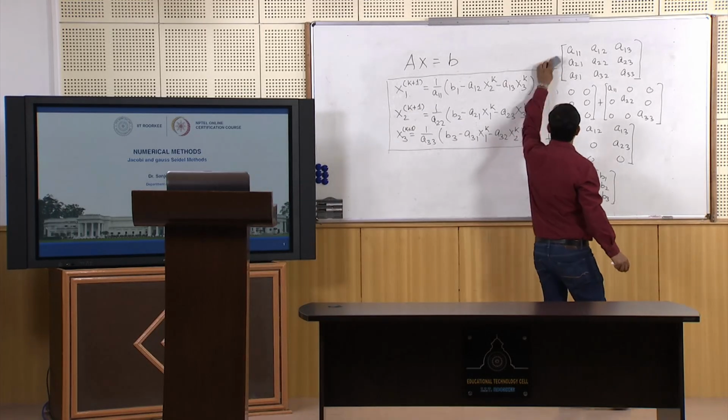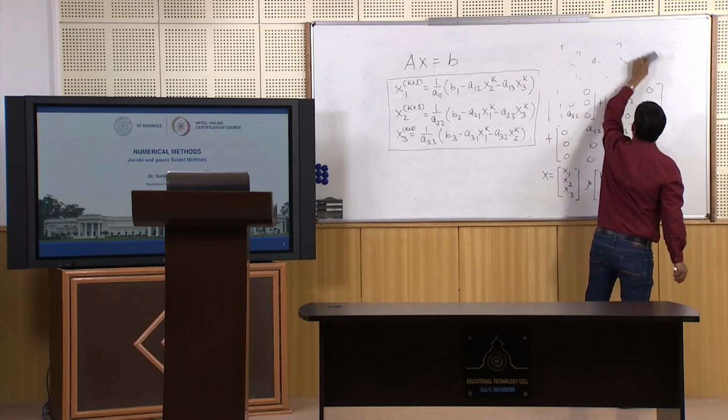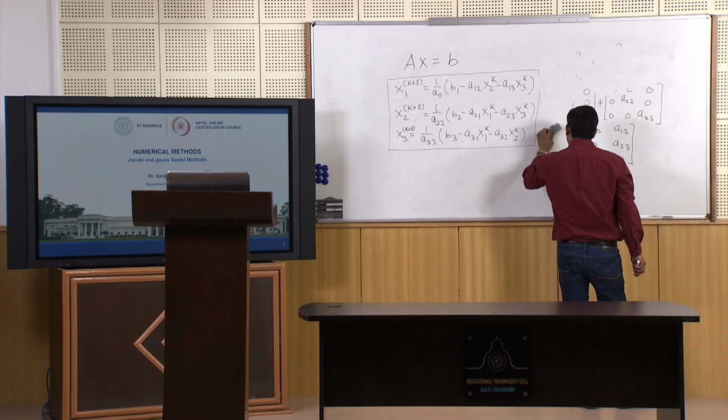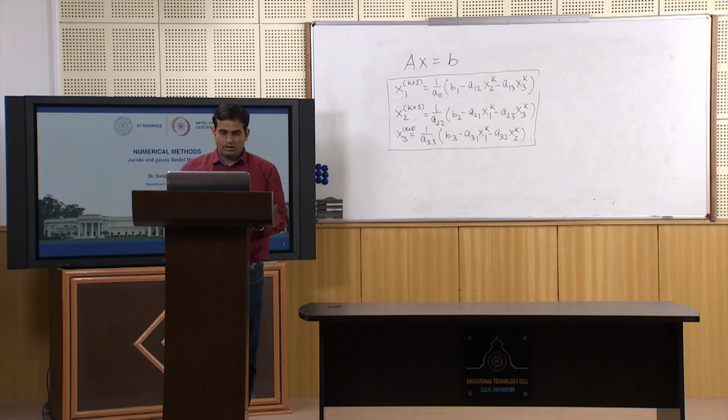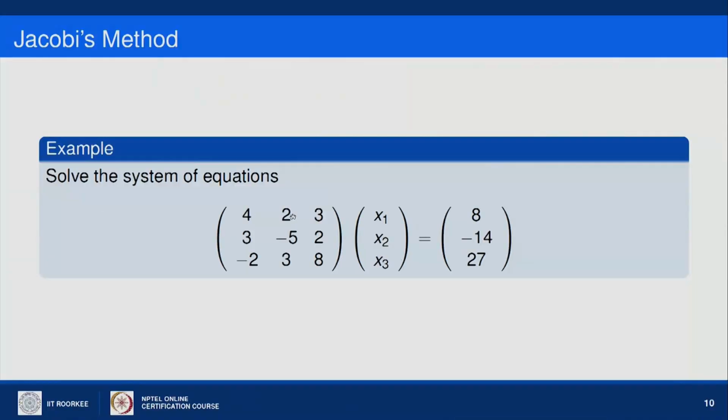Now, I will take an example and I will solve it using this Jacobi iterative scheme. So, here let us take this system of equations. Here I have 3 equations with 3 unknowns x1, x2, x3.